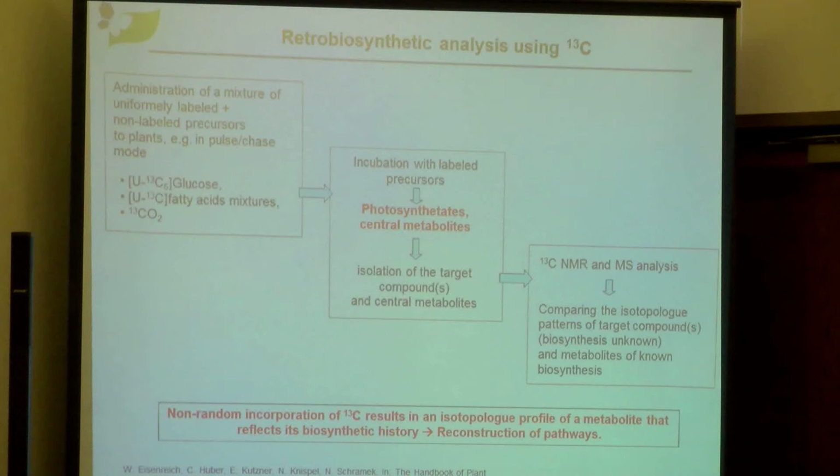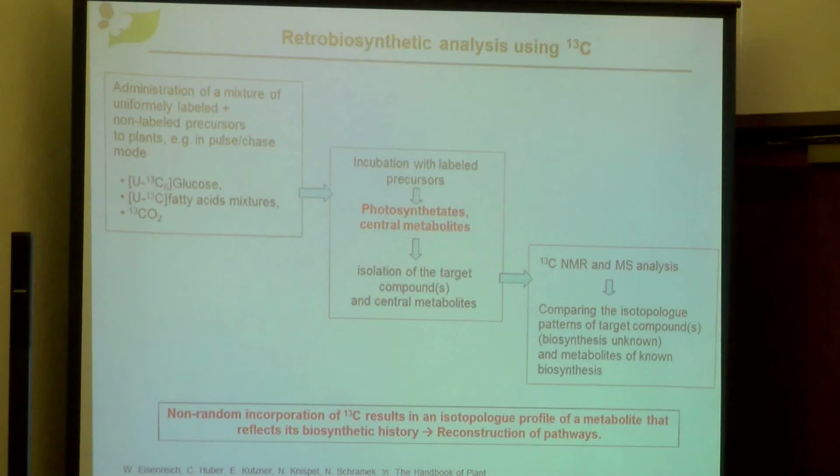And then these central metabolites are isolated, and also the target compounds are isolated, and their labeling pattern, their isotopolog pattern, is compared by carbon NMR and by mass spectrometry. And from these isotopolog patterns, it is possible to reconstruct metabolic pathways.